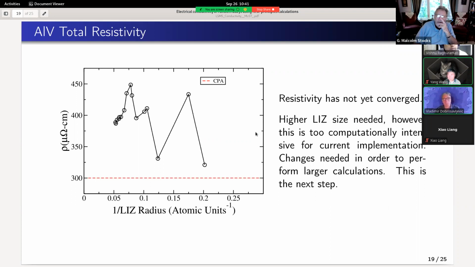Well, but again, in terms of the physics, a resistivity of 300 micro-ohm centimeters means that essentially the mean free path is of the order of the interatomic spacing. So it ought to be very easy to do, and that's probably why it turns out to be easier in this case for CPA than it is for doing this, right?